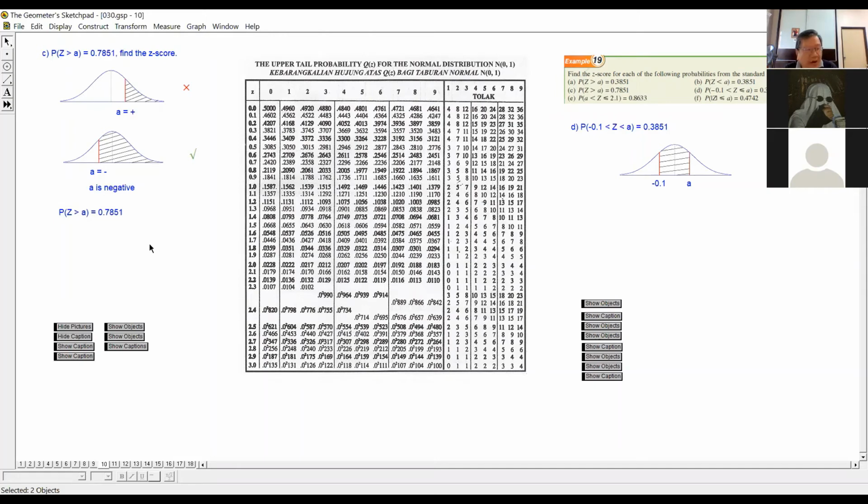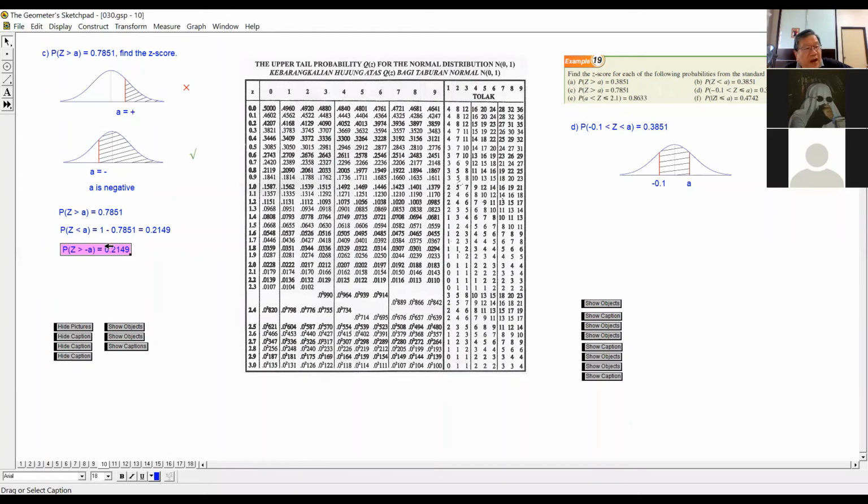A is the negative number. So now the probability of greater than A is 7851. Less than A is 2149. Z less than this number is 2149.